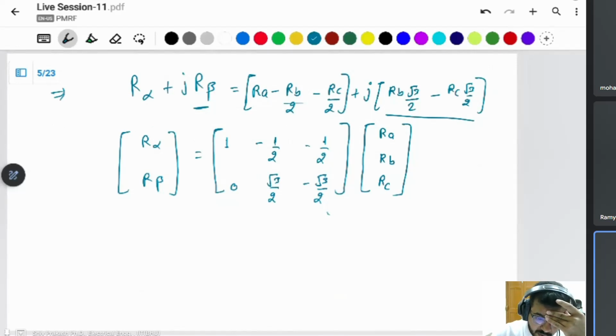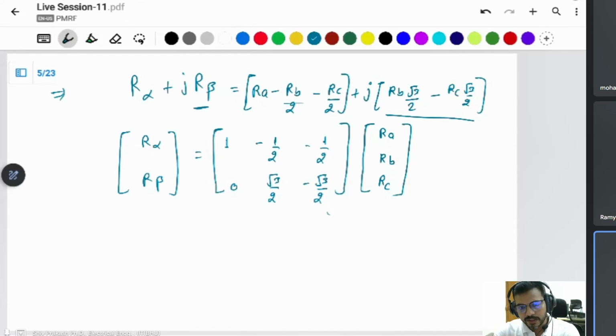Then the same alpha beta you can convert to DQ also. Alpha beta is also a variable quantity with respect to time. This is only a two phase conversion system.